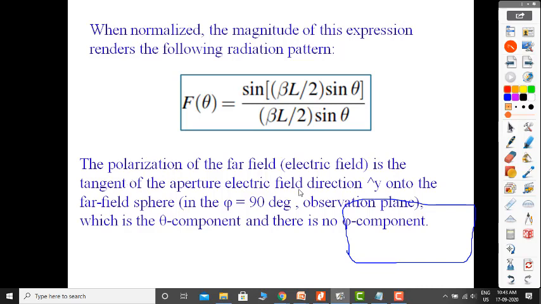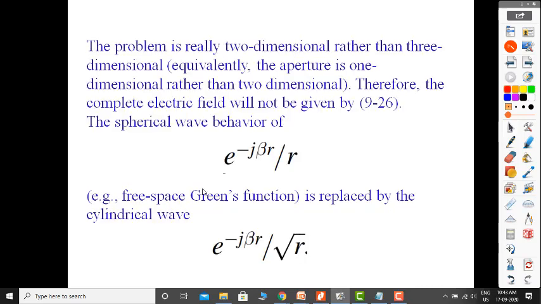The polarization of the far field electric field is the tangent of the aperture electric field direction y cap onto the far field sphere in the phi equals 90 degree plane, that is the observation plane, which is the theta component, and there is no phi component. So this far field pattern has only the theta component. The problem is really two-dimensional rather than three-dimensional. Equivalently, the aperture is one-dimensional rather than two-dimensional.